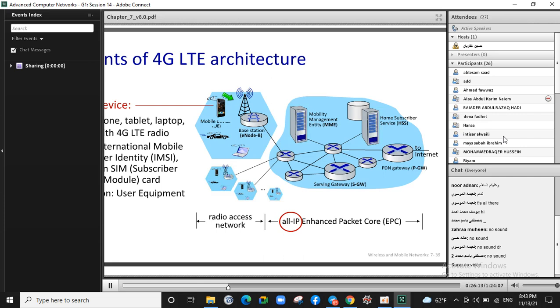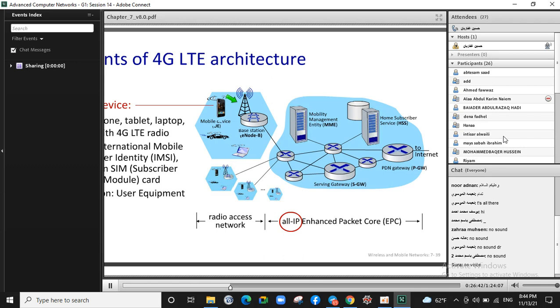Here we have some cells, and at the heart of those cells, we can see again a BTS. The mobile devices are connected to that BTS. In LTE, we say base station or E-node-B.